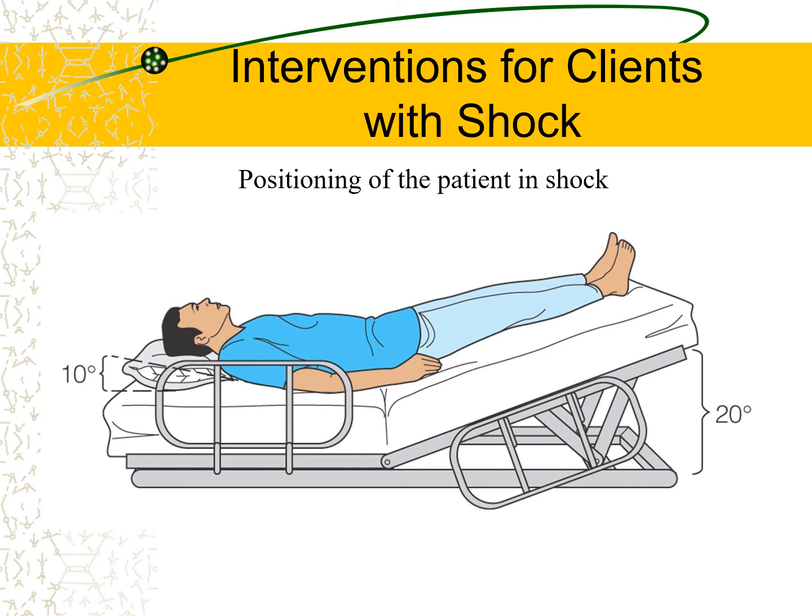Now, certainly if you don't have a pillow, maybe it's an emergency and it's out in the field, well, you're not going to worry about that. It's still shock position if you elevate the legs about 20 degrees, okay? But this is a visual representation of what you would like to see and the proper positioning for the patient in shock.